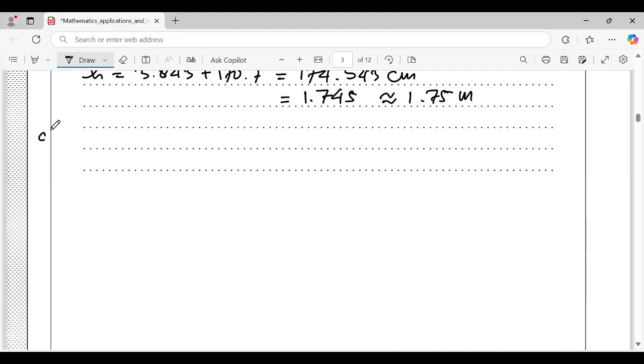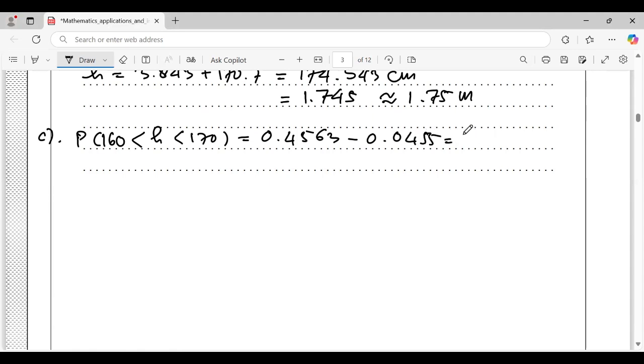Part C. Based on our previous calculation that the probability z, now I will convert to h, greater than 160, less than 170 is 0.4563 minus 0.0455.